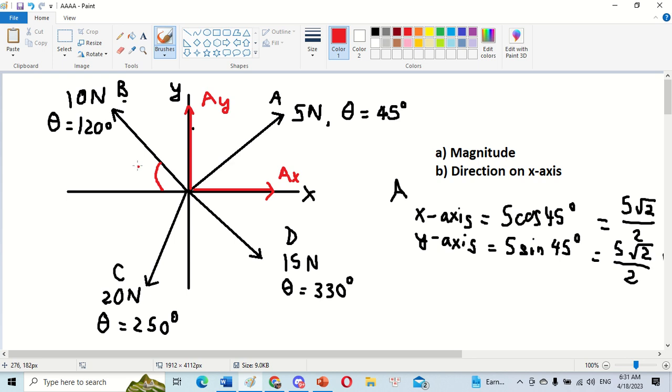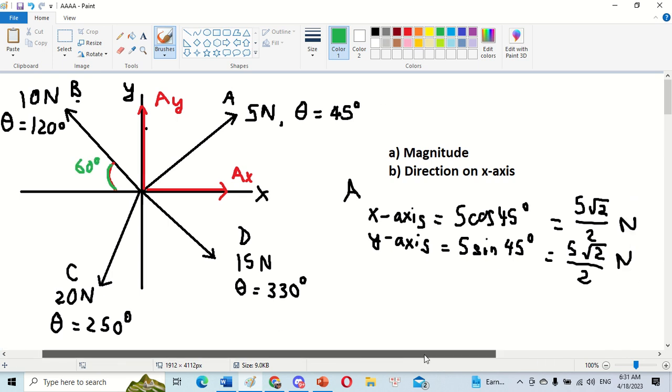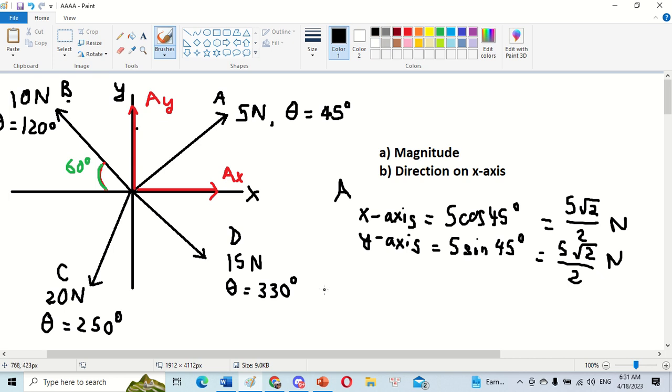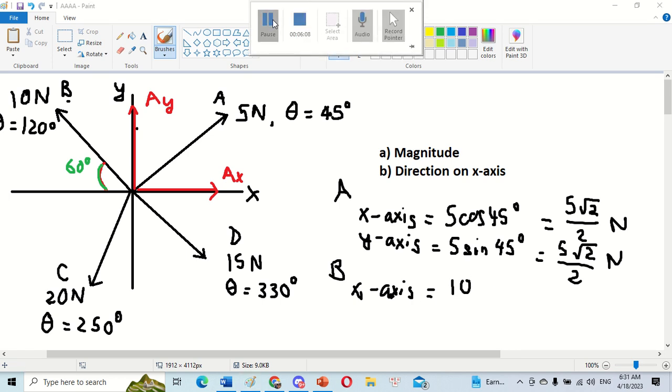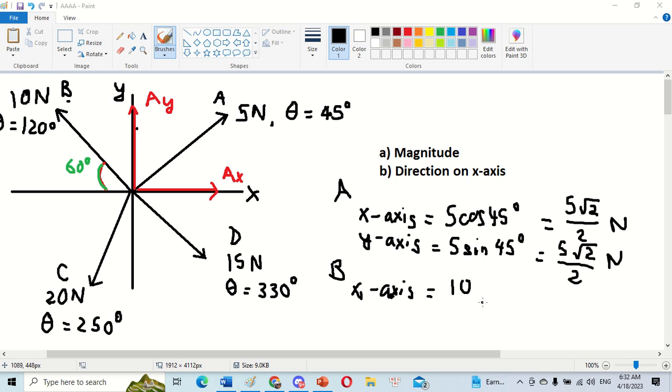So this one here you get about 60 degrees. I will use the green color to highlight the value here. So we can find vector B on the x-axis: we have 10 multiplied by cosine 60 degrees.